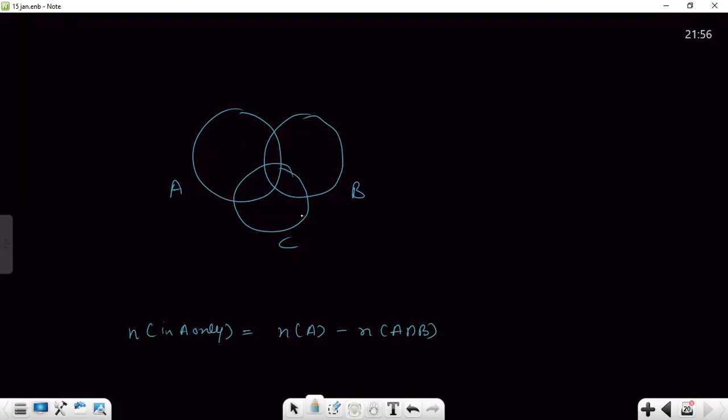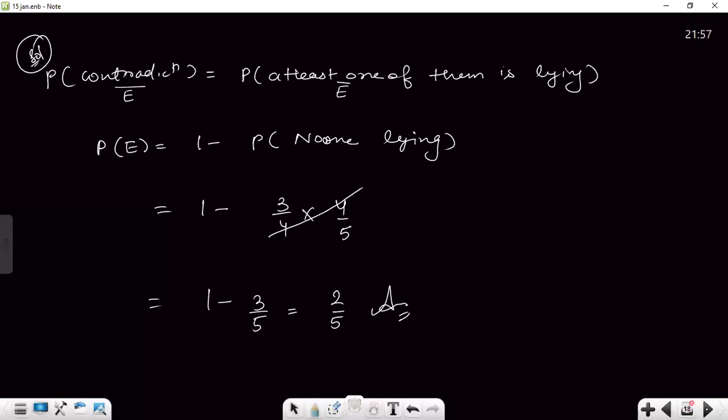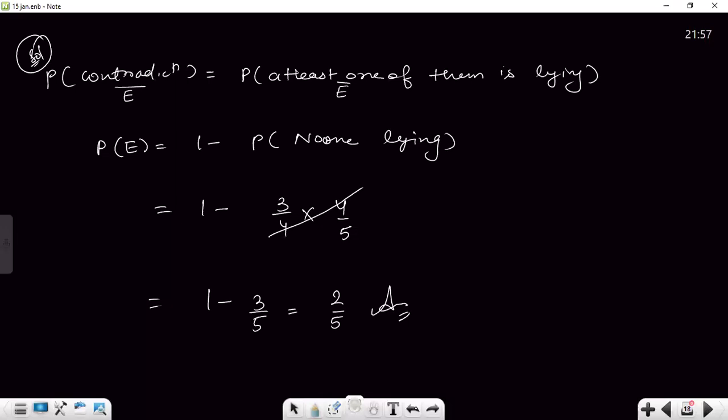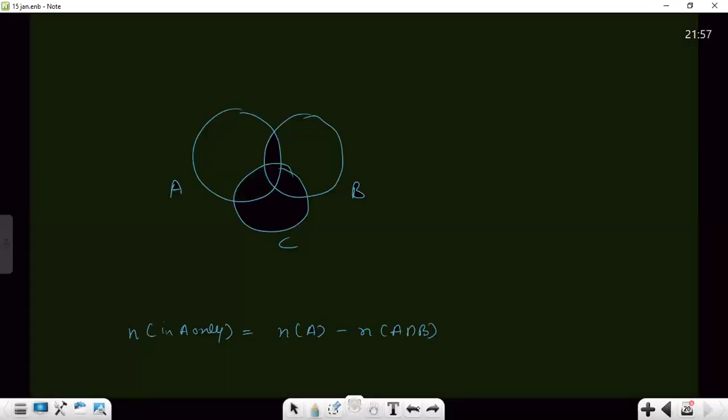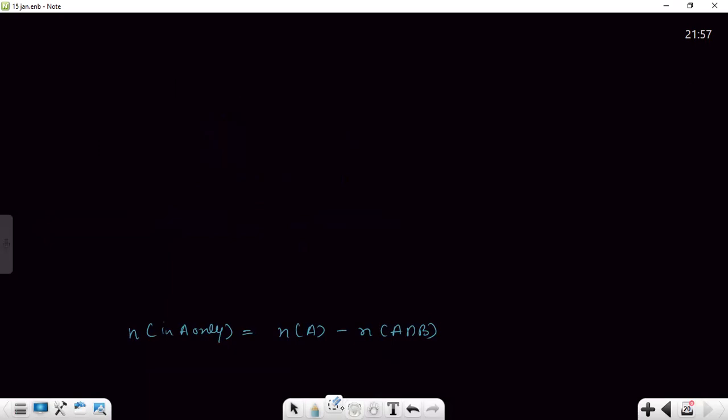Okay, so when we were taking whole A, our circle was leaking the color outside. Let me make better circles. 1, 2, 3.